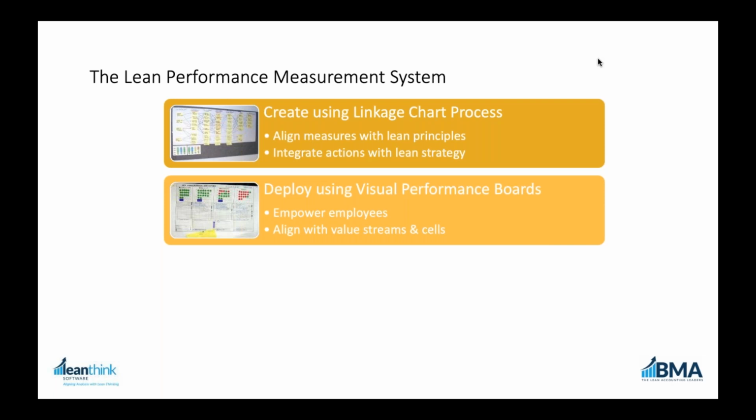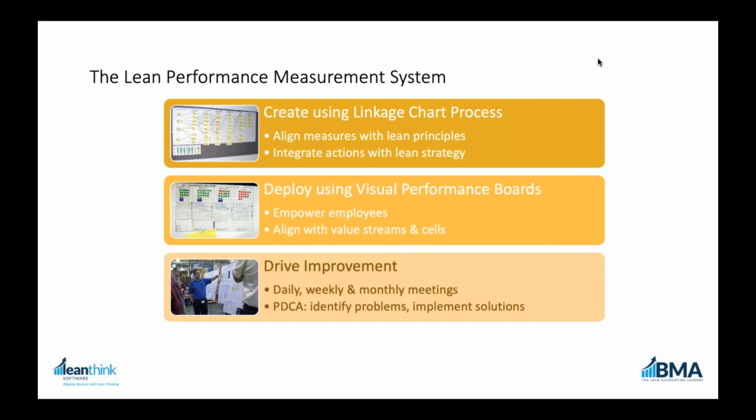We're empowering our employees to use these measures to learn, to find the right problems to solve, and to put improvements in place. And ultimately, we want to move these measures in the right direction. So we're going to be driving improvement through our meeting cycles and our problem-solving activities.